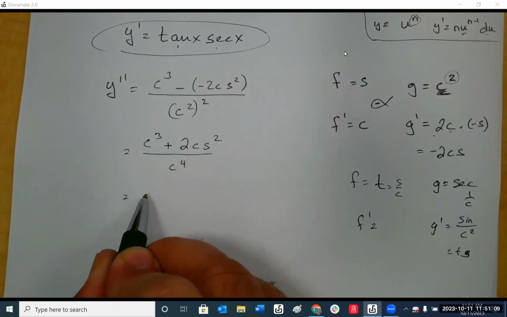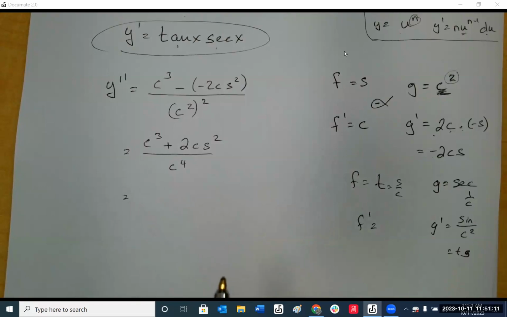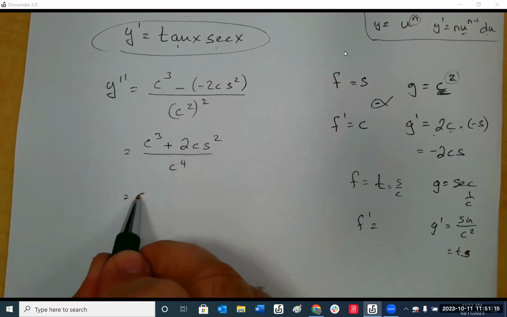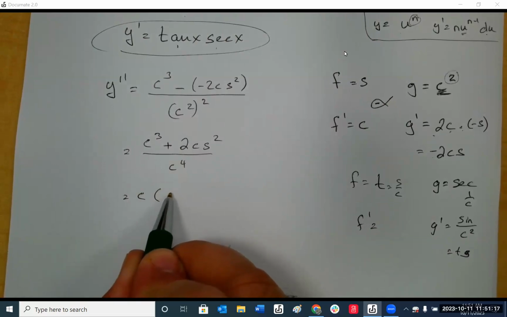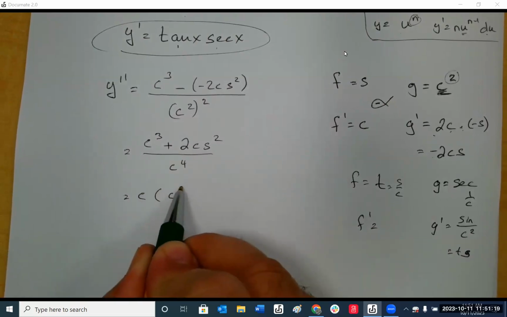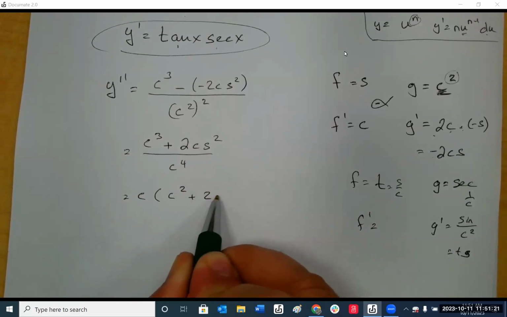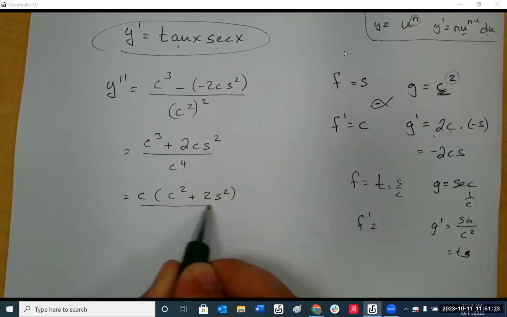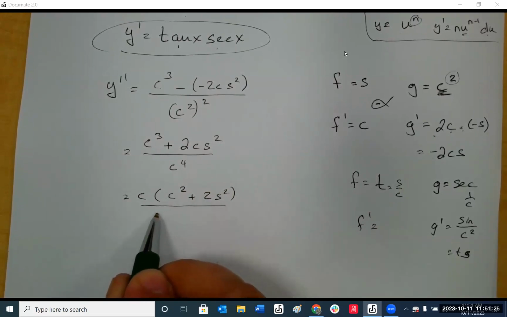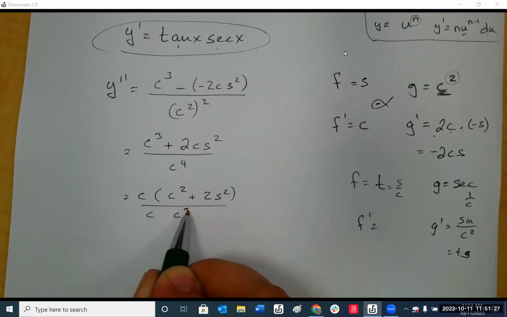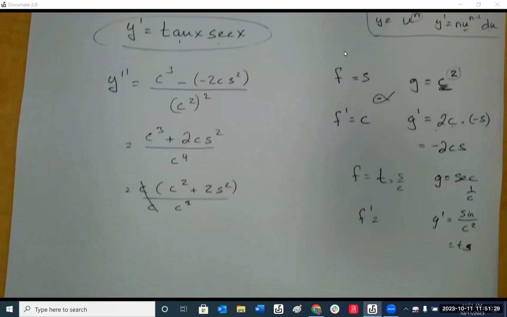I see what you're saying. If we take out one cosine, that means we can cancel one of the cosines.